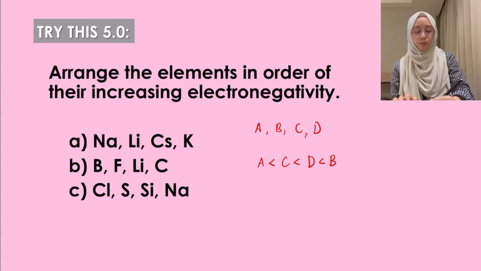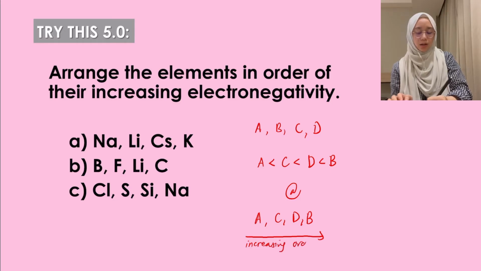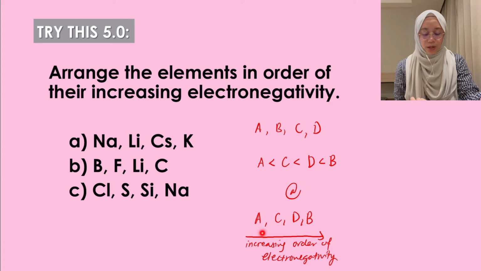Okay, ataupun satu lagi cara adalah A, kamu guna je koma. Tapi kalau guna yang koma ni, kamu kena tunjuk arrow kat bawah ni dan kena tulis increasing order of electronegativity. Okay, so this arrow here, it needs to always be like from left to right.